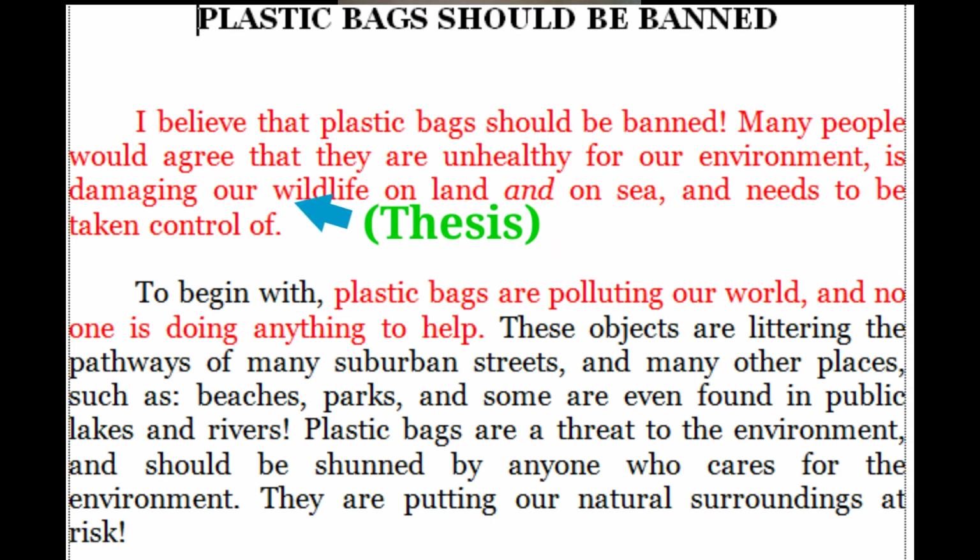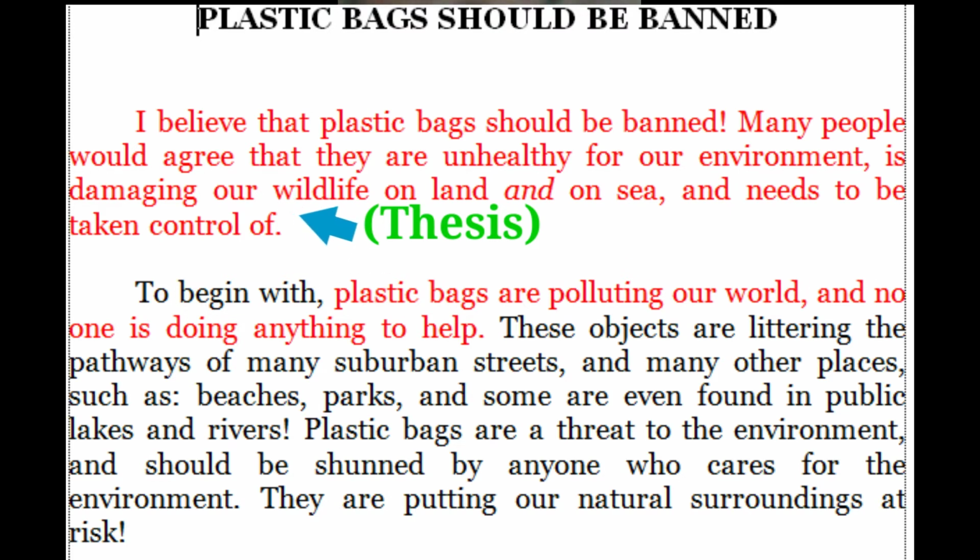In this part, the writer introduces the topic and also opens the text, and the writer shows his perspective about the topic. All the red sentences are called the thesis.